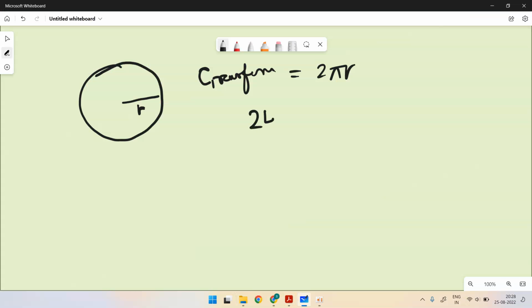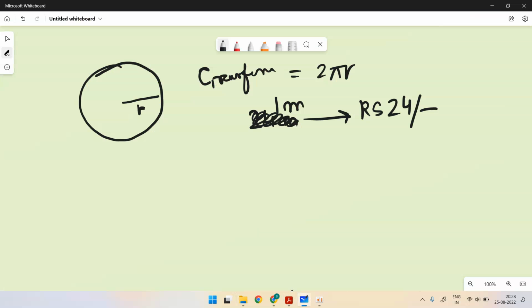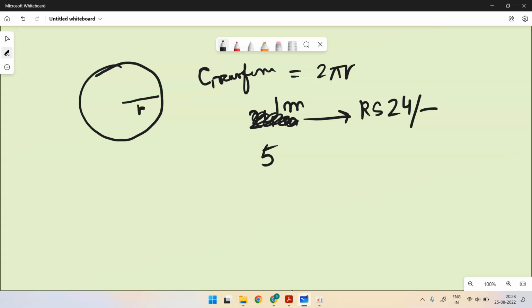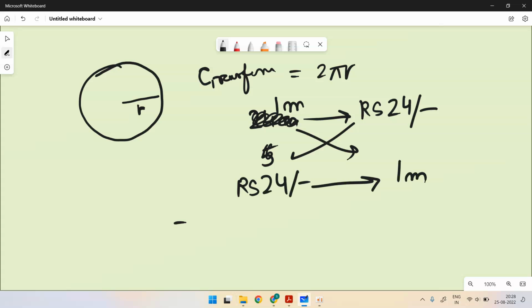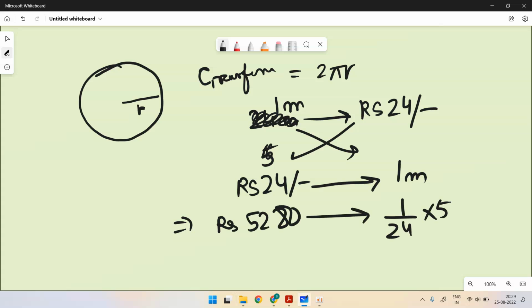So for 1 meter, it costs rupees 24. Or you can say inversely that for rupees 24 you can make a fence of 1 meter, which implies that for rupees 5280 you can make 1 by 24 into 5280.